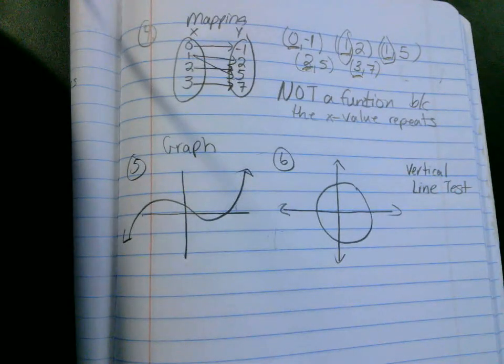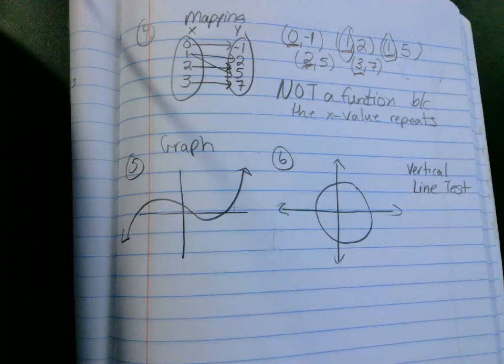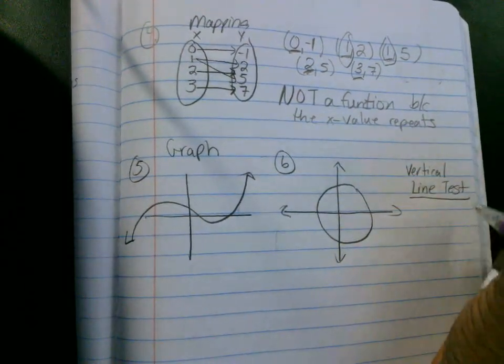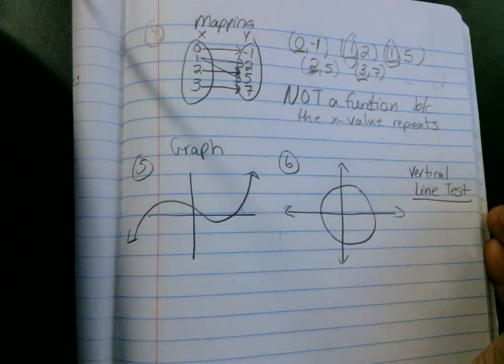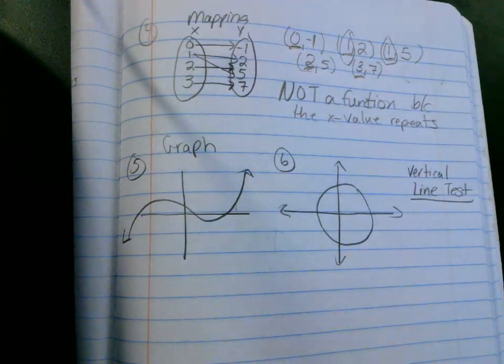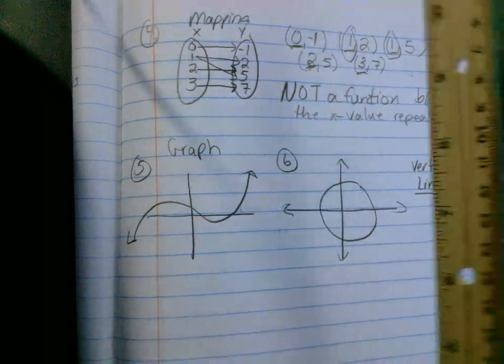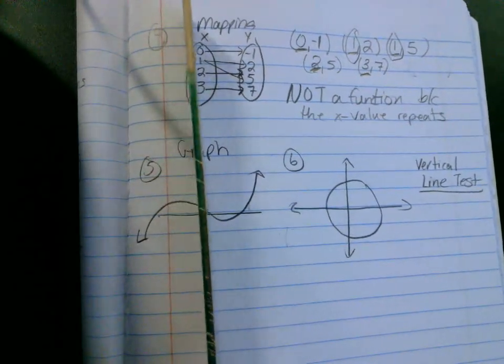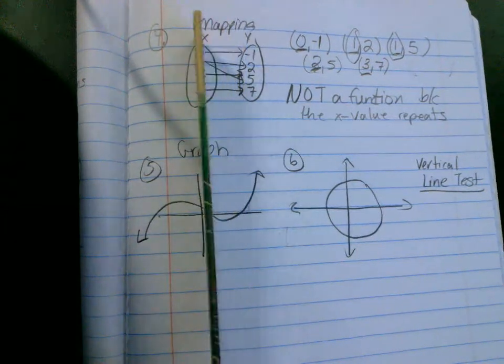I'm going to pause and give you a chance to write. A vertical line test means that you're going to take a vertical line. I'm going to give you a ruler, and you're going to move it across the graph to see if any of the x values are repeating.